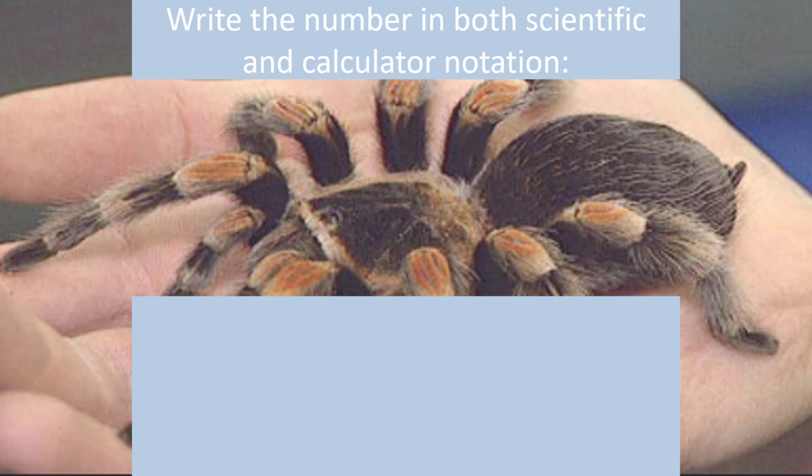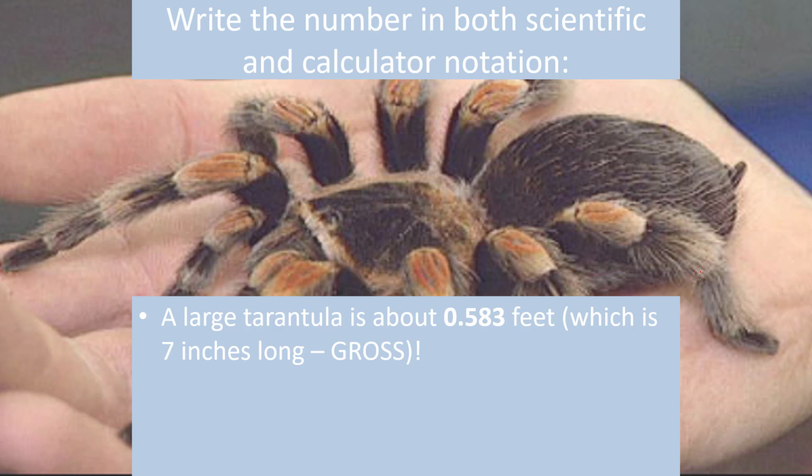Write the number in both scientific and calculator notation. So I want you to pause the video, write this in scientific and calculator notation, and then when you're ready, come back and check the solution. A large tarantula is about 0.583 feet.